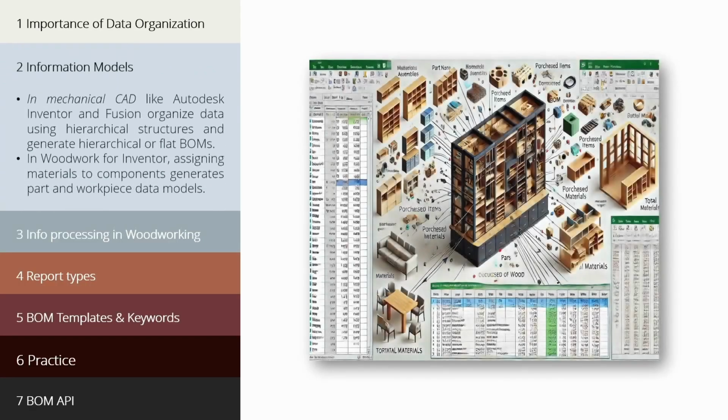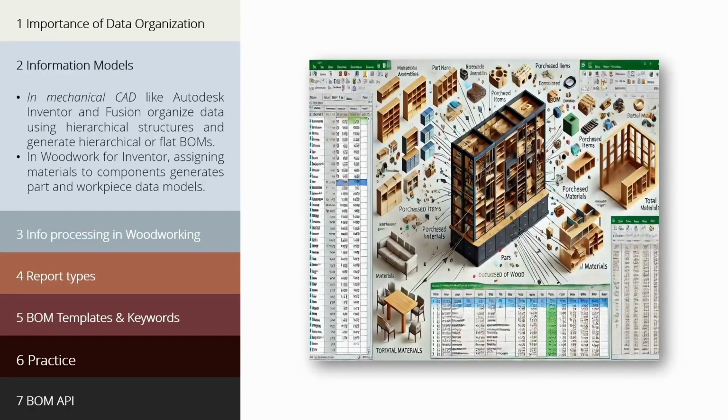Then we will see what informational model exists in different systems, like in mechanical CAD systems, like Autodesk Inventor, Fusion, etc. How the data in a hierarchical structure can help us to generate bill of materials. And also we will see how it happens in Woodwork, how we can assign materials to components, how we can work with the parts and workpieces in order to get the data that we need for manufacturing.